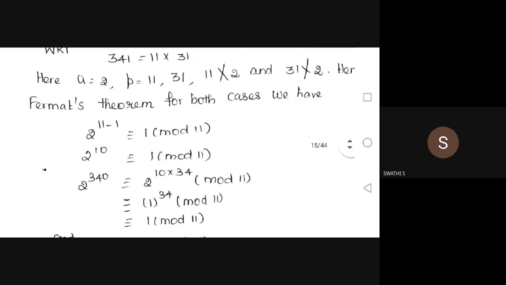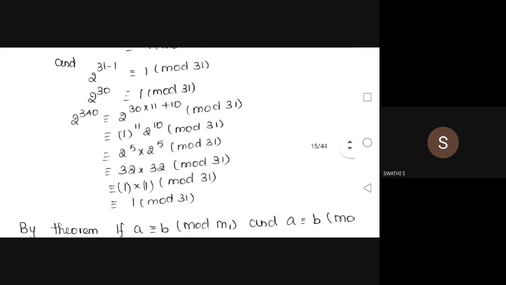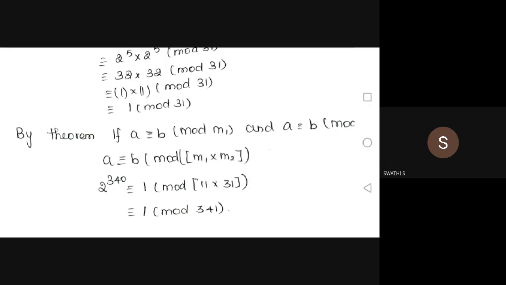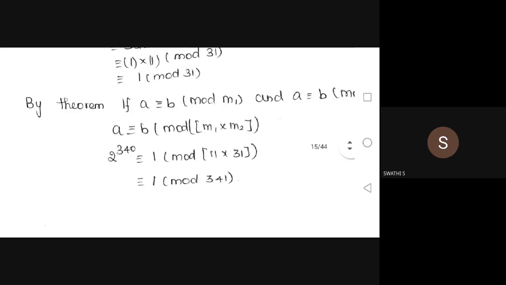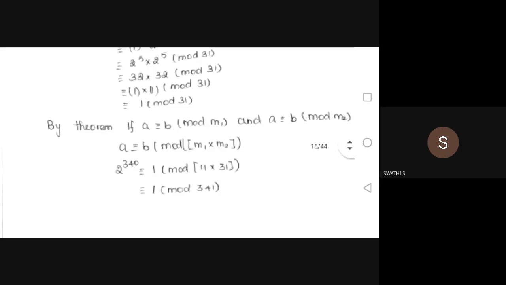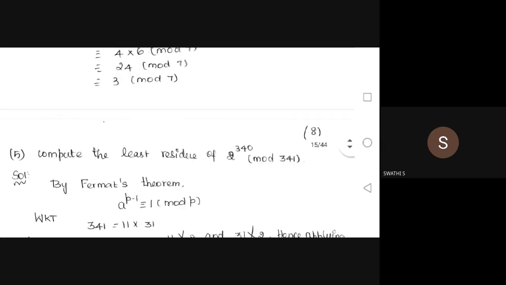So 2 power 340 is congruent to 1 under mod 11, and we have also proved that 2 power 340 is congruent to 1 under mod 31. Both can be combined, so 2 power 340 is congruent to 1 under mod LCM of 11 and 31, which is 11 into 31, that is 341. So 2 power 340 is congruent to 1 under mod 341. So 1 is the least residue of 2 power 340 under mod 341.